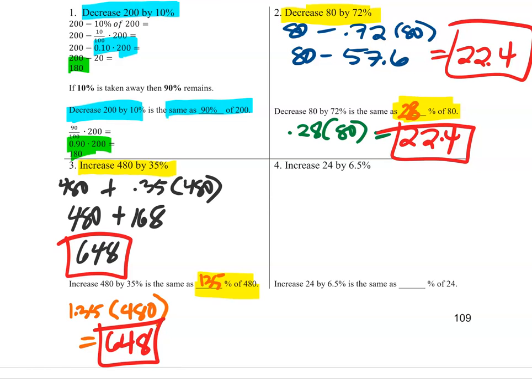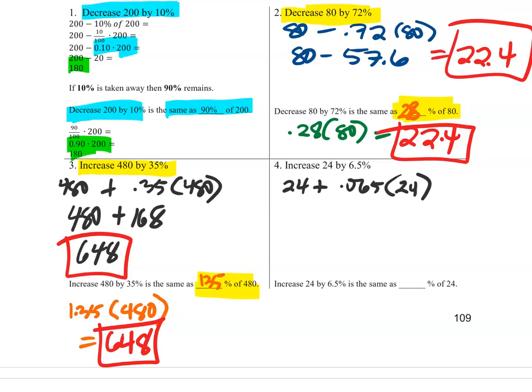So let's do the same thing for number 4. Increase 24 by 6.5%. So increase 24, so 24 plus 6.5%, that's 0.065 of 24.